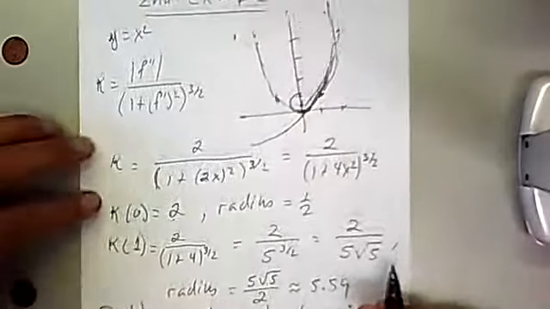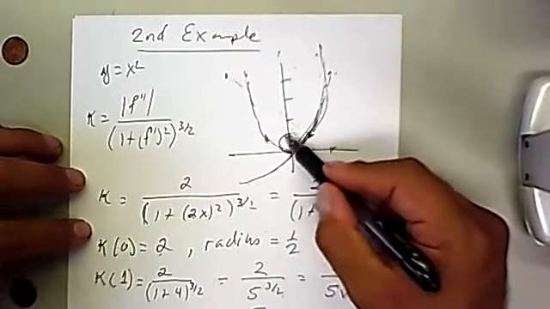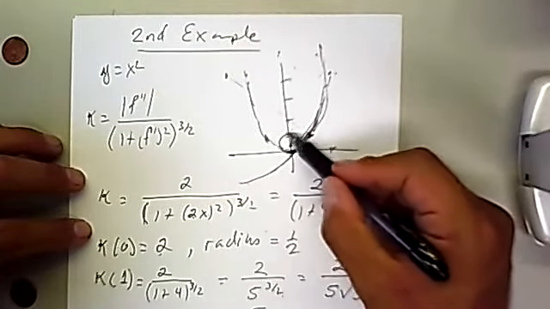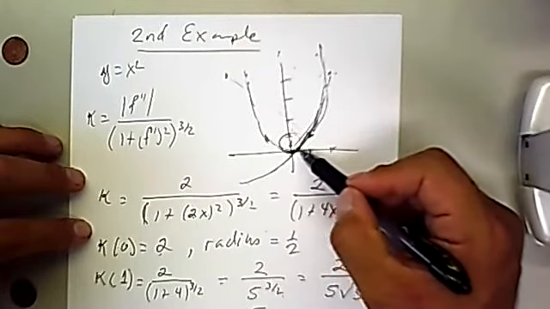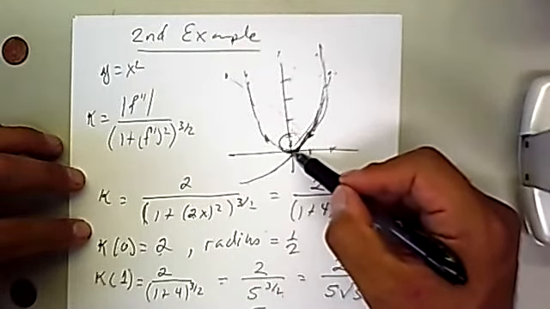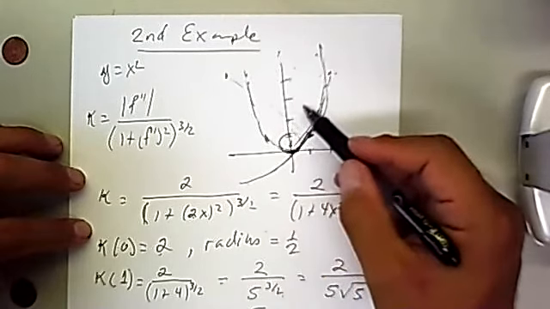Here the radius of the circle of curvature is 1/2, and that is the smallest it will be, and as we move to the right, it will increase.